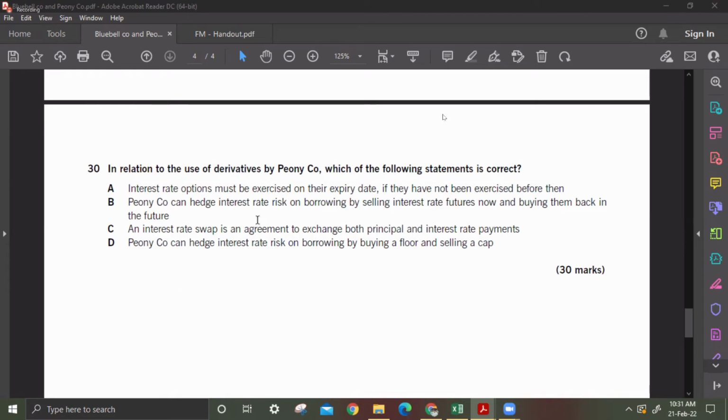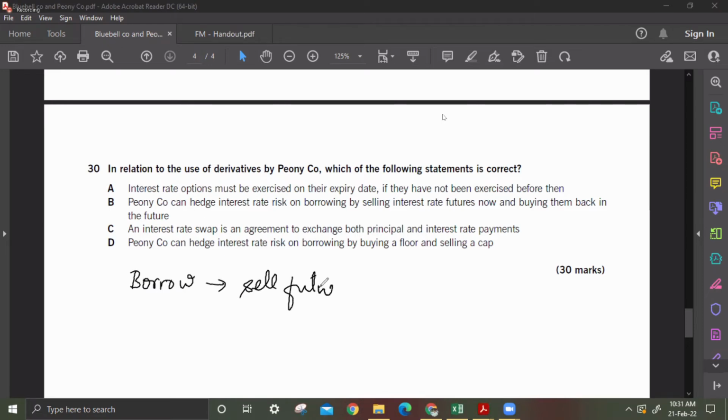Then they're saying Peony company can hedge interest rate risk on borrowing by selling interest rate futures now and buying them back in the future. Yes, this is the correct statement, right? Because what happens in futures, if you want to borrow, what do you do? Just remember this has been repeatedly asked.